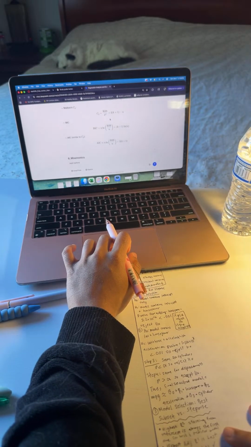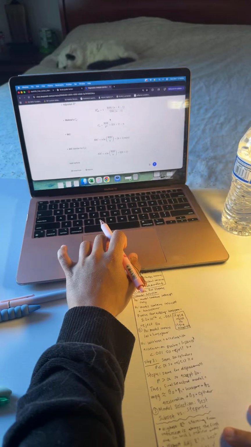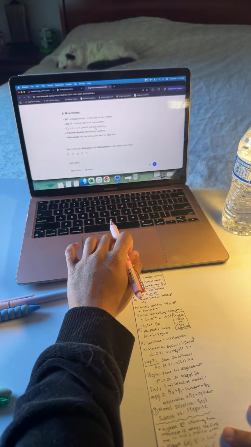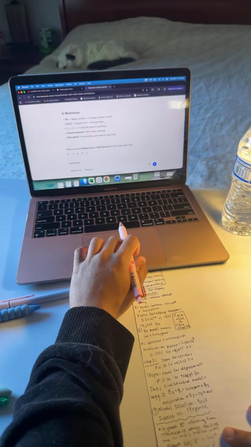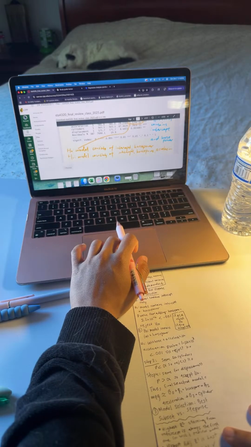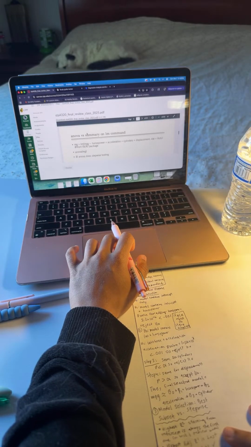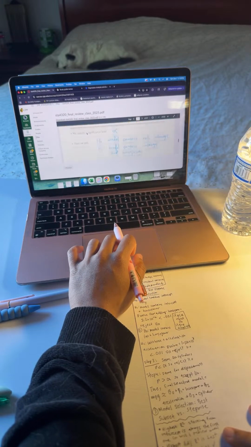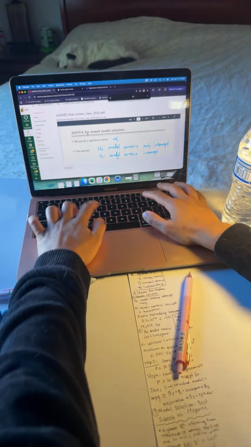Only now he's giving these formulas. I'm scared. Now let's look for stepwise here.